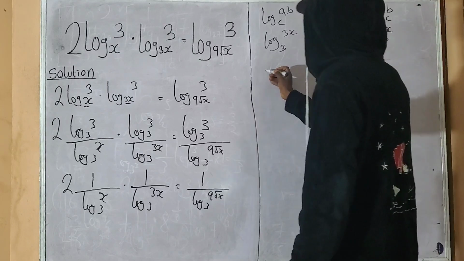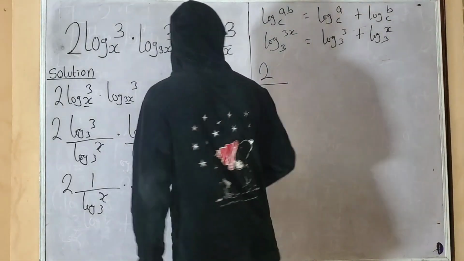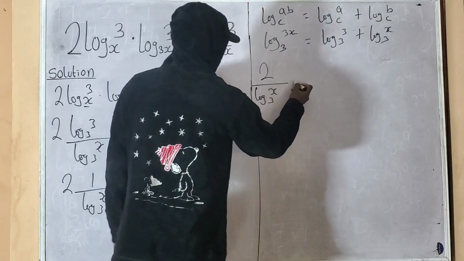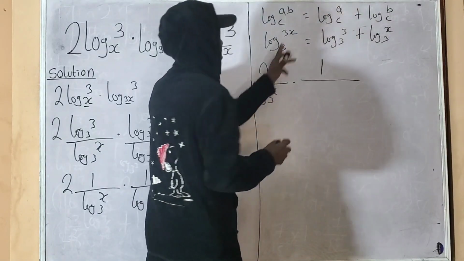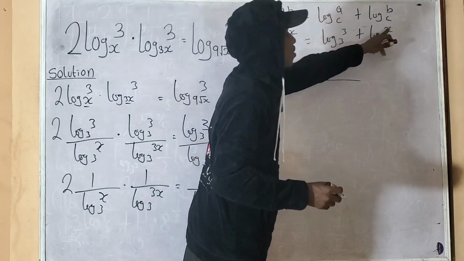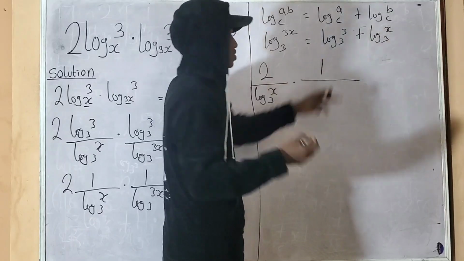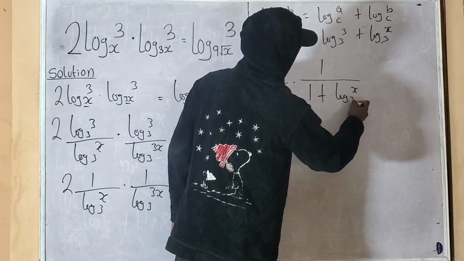So the logarithmic equation becomes 2 over log_3 x multiplied by 1 divided by, instead of log_3 3x, log_3 3 plus log_3 x. And do not forget that log_3 3 is what? 1. So we are going to have 1 plus log_3 x.